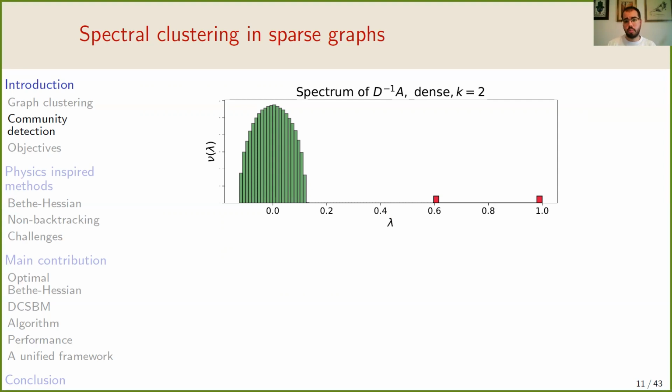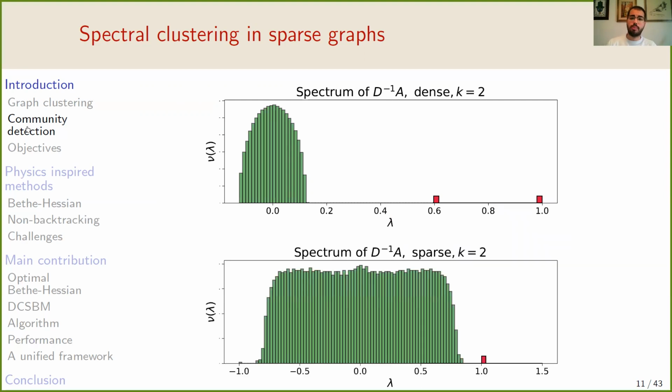We can plot a histogram, and we call them the bulk eigenvalues. I recall that in a spectral clustering algorithm, what we have to do is compute k eigenvalues of the matrix M. In this example, we would compute the two red eigenvalues, the two isolated eigenvalues. Now, as a rule of thumb, if we have k isolated eigenvalues and k classes, then the spectral clustering algorithm is likely to work well.